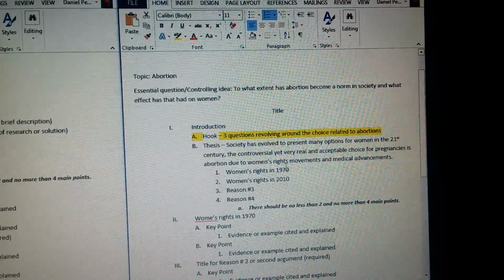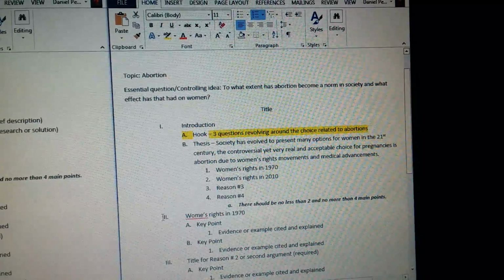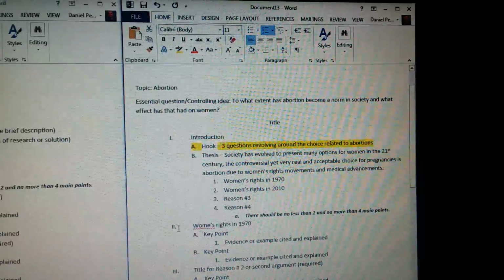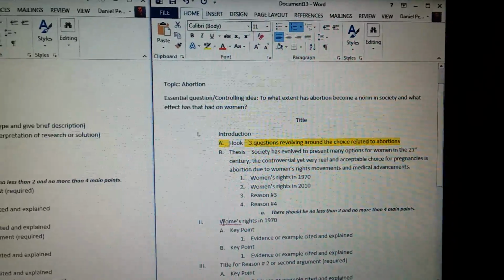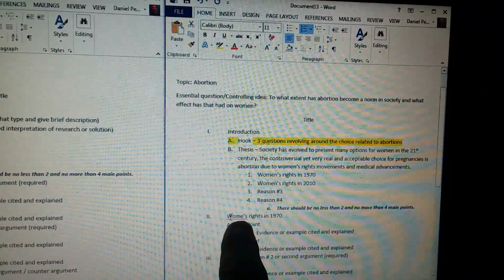See? So my first reason over here underneath my thesis is going to be my second Roman numeral, which is right here. Okay, well, right there, my second Roman numeral is women's rights.